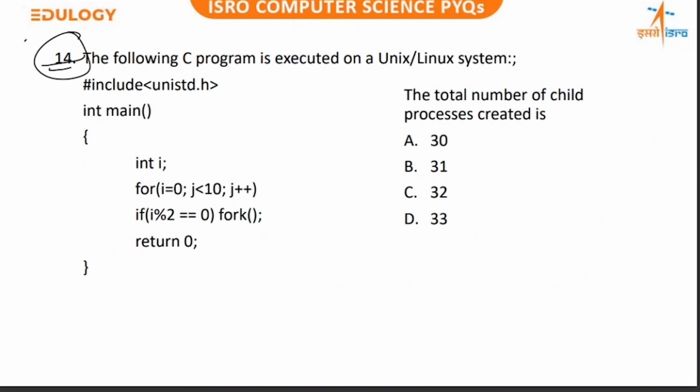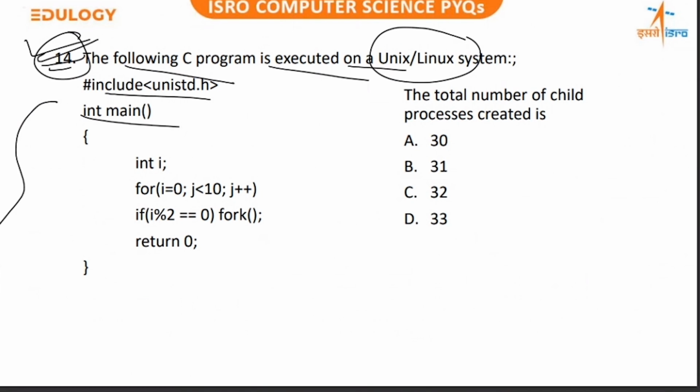Now solve this one. The following C program is executed on a Unix or Linux system. This is your header file and this is your main code. Now the total number of child processes created is.